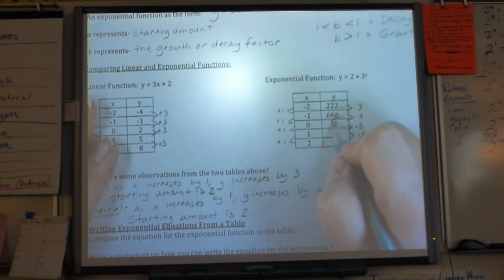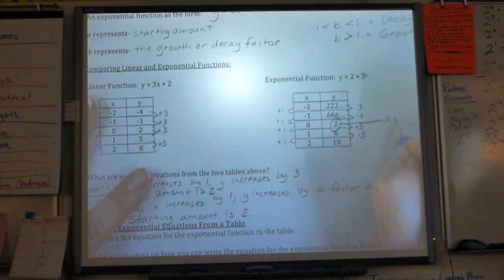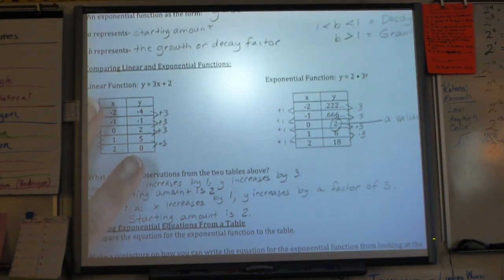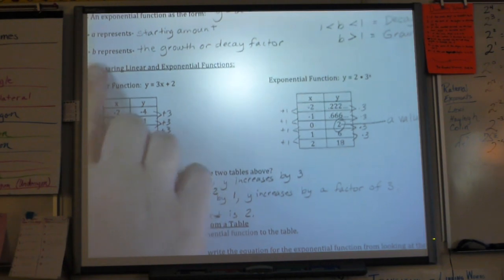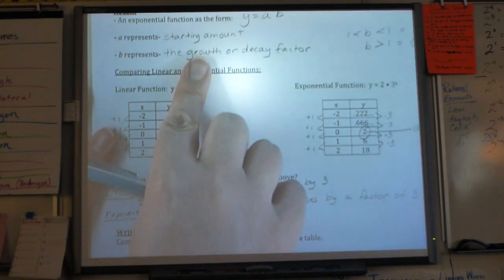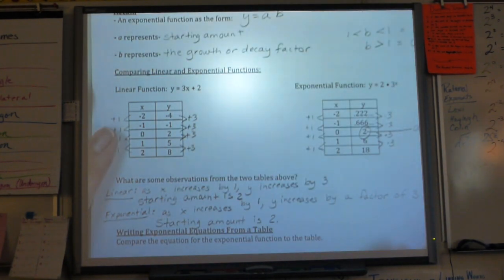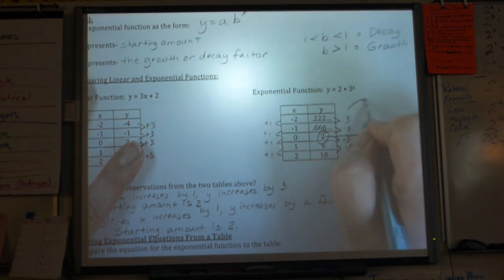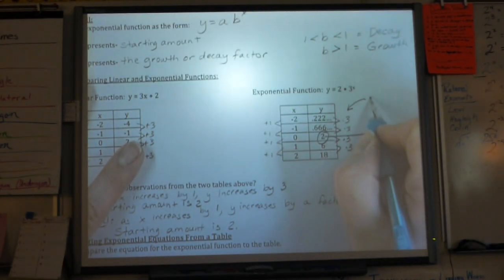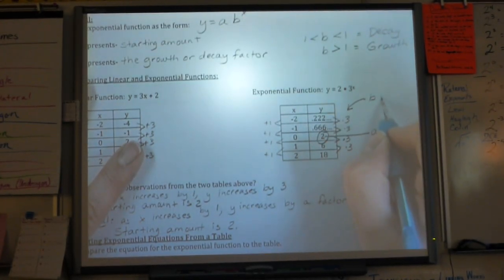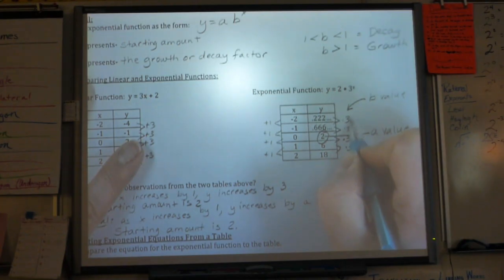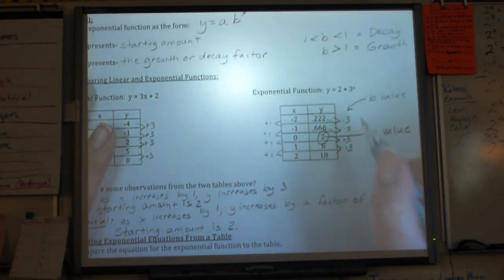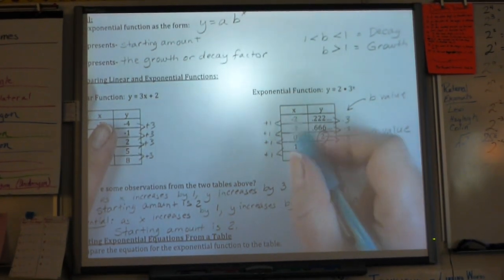So this is my A value, okay? And we already said B represents the growth or decay factor, so it's times 1 or times 3. So this is my B value.